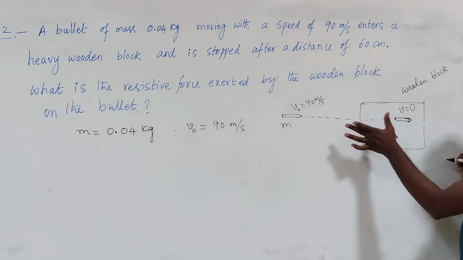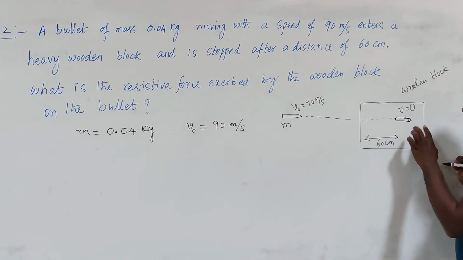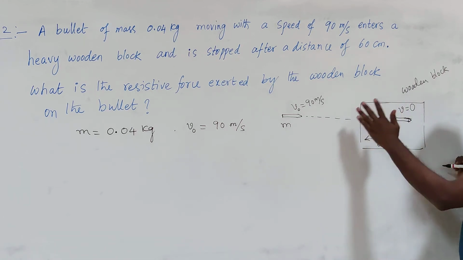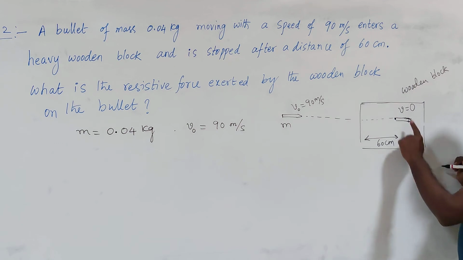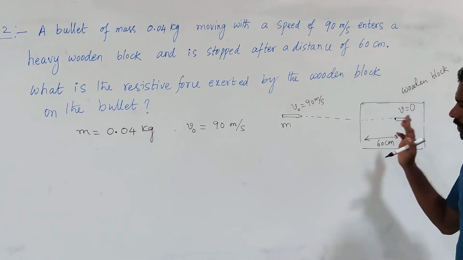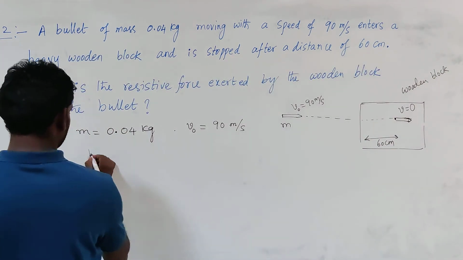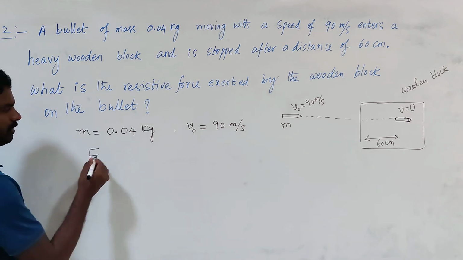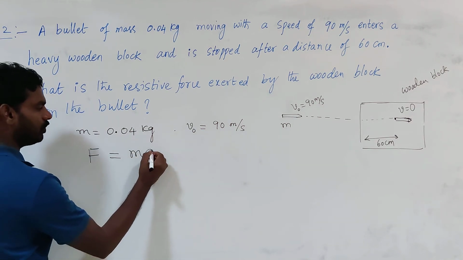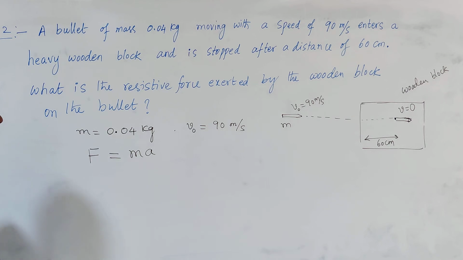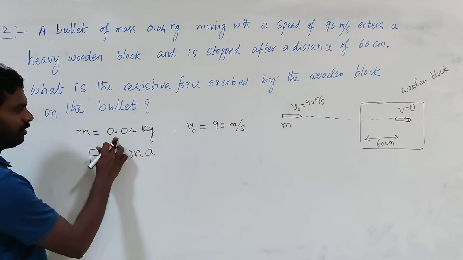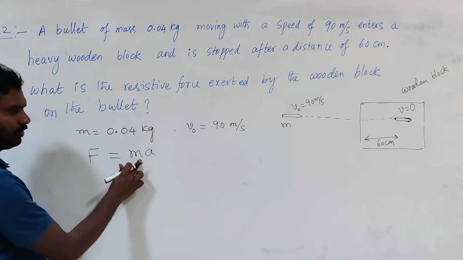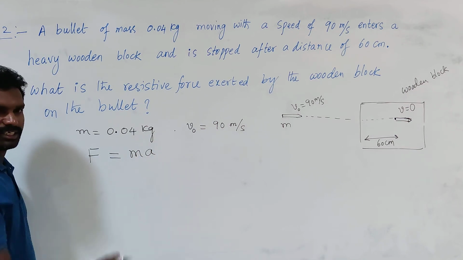Why is the bullet coming to rest? Because of the resistive or opposing force exerted by the wooden block on the bullet. So we need to find the resistive force on the bullet. Force equals mass into acceleration. The mass is given, m equal to 0.04 kg, but we don't know the acceleration directly.